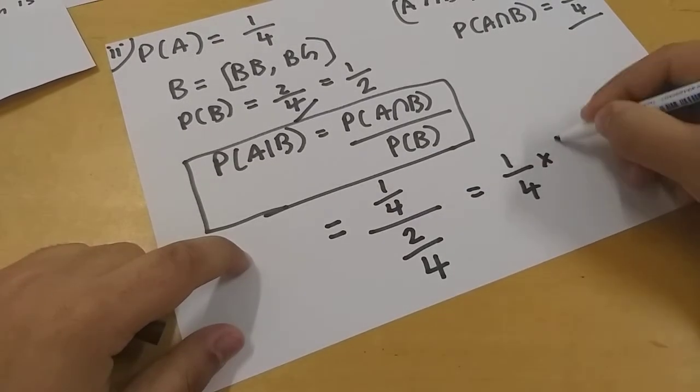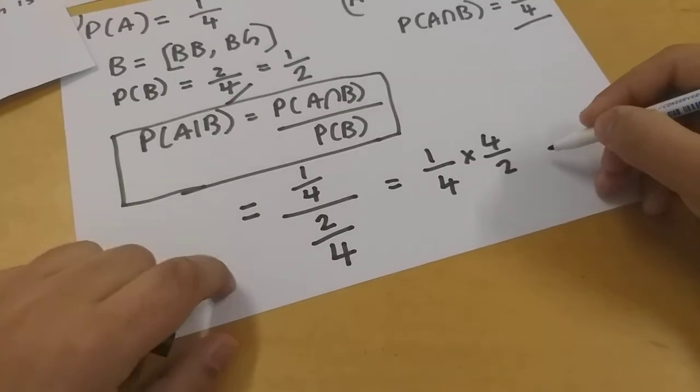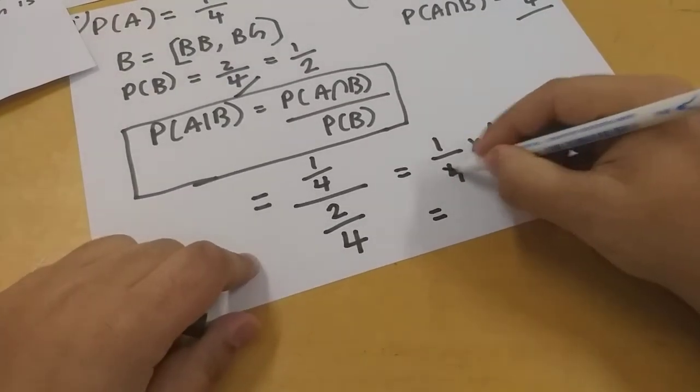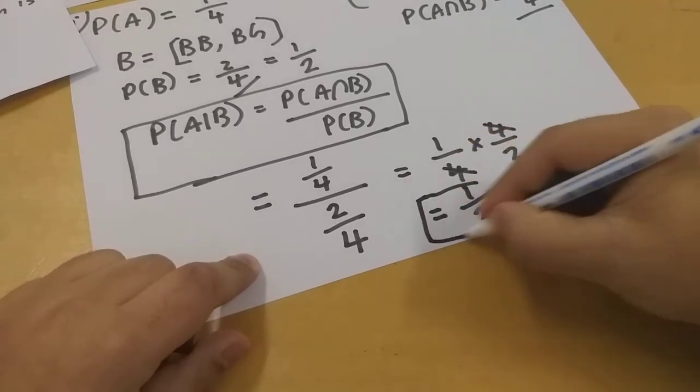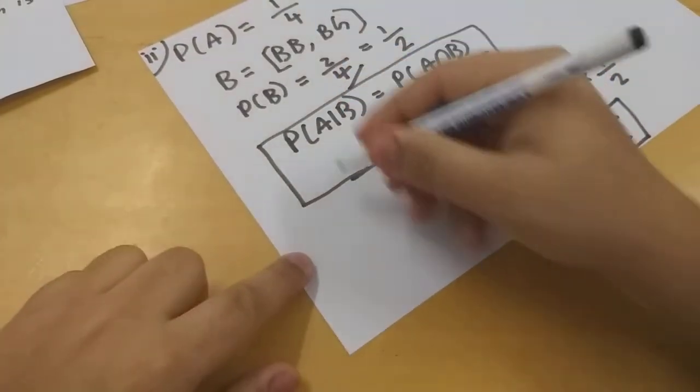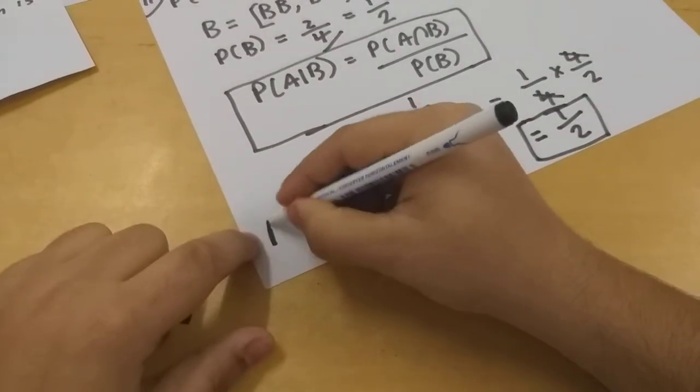So 1 by 4 into 4 by 2, which is equal to 1 by 2. So our final answer for the second part of the question is 1 by 2.